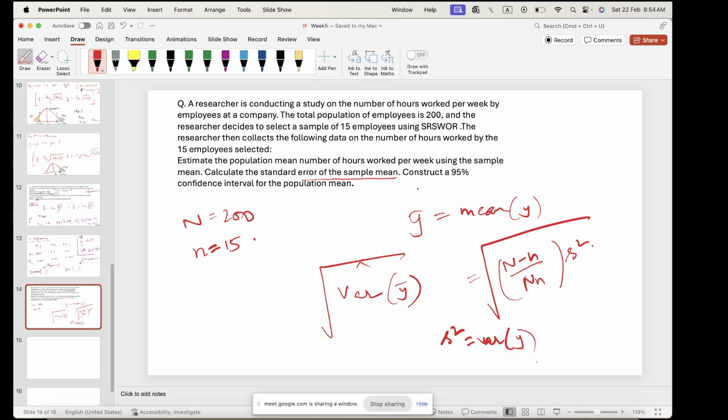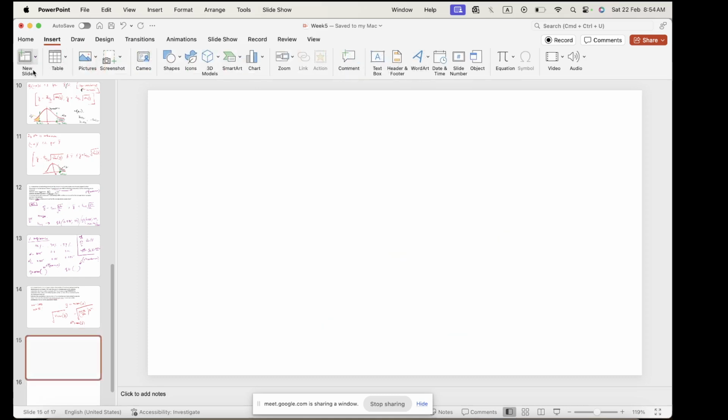Alright, and construct a 95% confidence interval for the population mean. So a 95% confidence interval in that case would be y bar minus t_{n-1, alpha/2}.